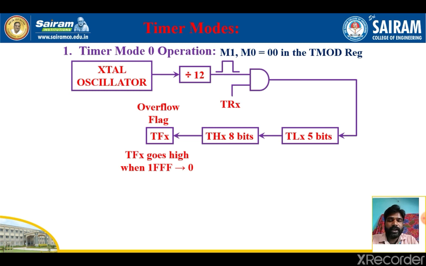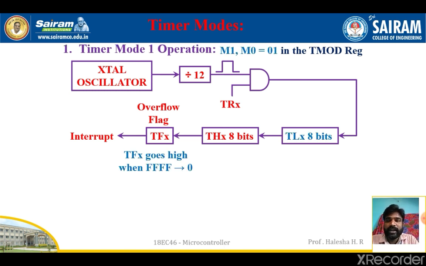Timer low byte is 5 bits and timer I byte is 8 bits, together 13 bits. 13 bits means it counts from 13 zeros to 13 ones. 13 ones in hexadecimal we write as 1FFFH, and whenever the timer flag is set, an interrupt will occur. This is the operation of timer mode 0.